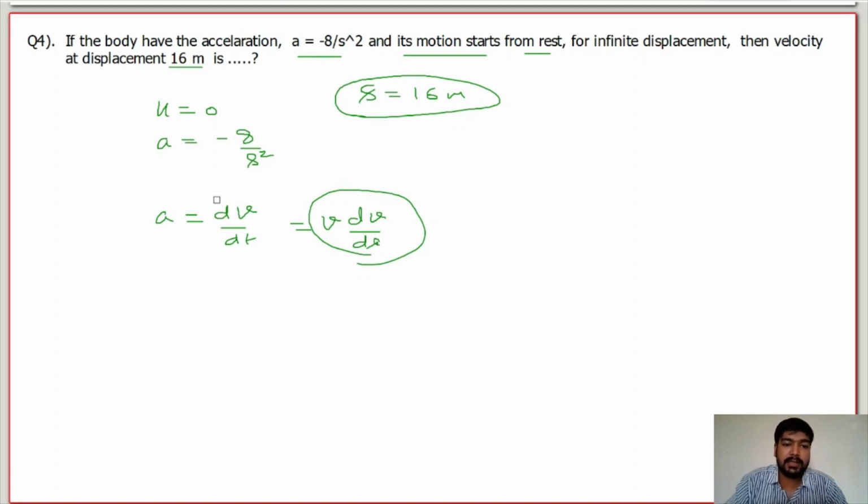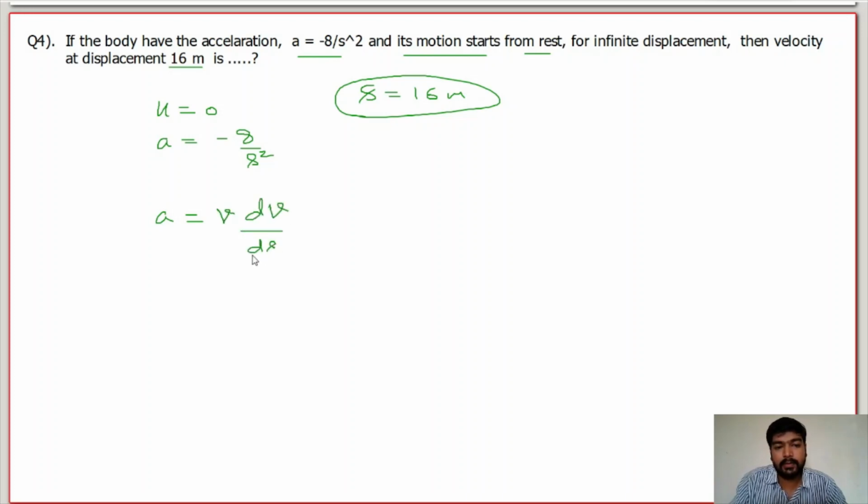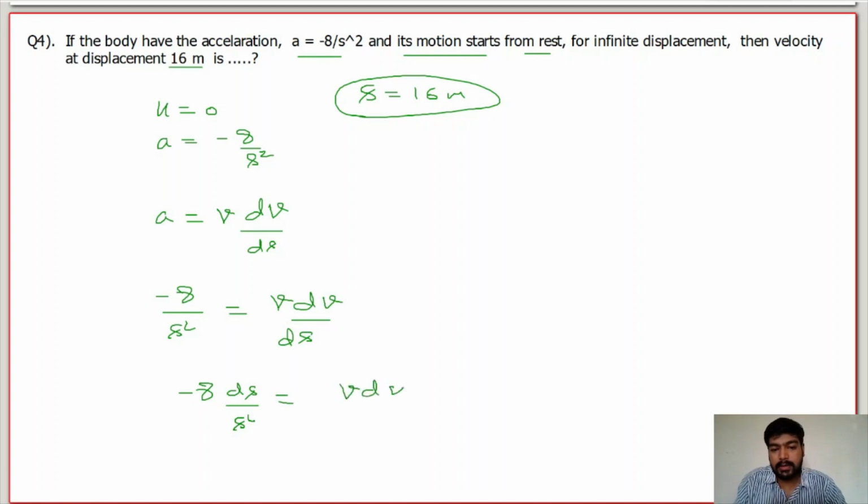So we will go with the second equation. Just put the value of acceleration here, minus 8 upon s square equals v dv upon ds. Just shuffle the terms and do the integration.